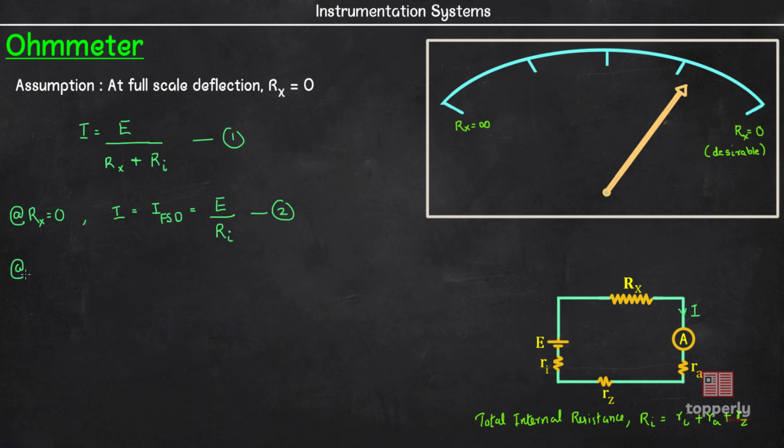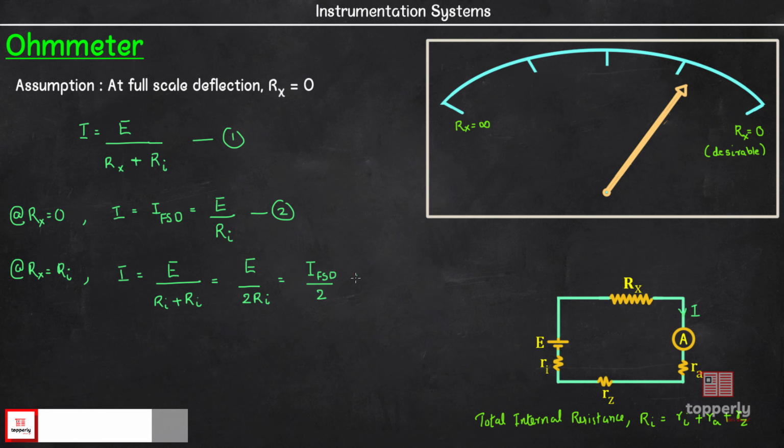Now let's see the case where Rx is equal to Ri. Then the value of current I is equal to E by Ri plus Ri, because Rx is equal to Ri, and this is equal to E by 2Ri. But in equation 2 we have seen that E by Ri is equal to I full scale deflection. So we can write it as I full scale deflection by 2.